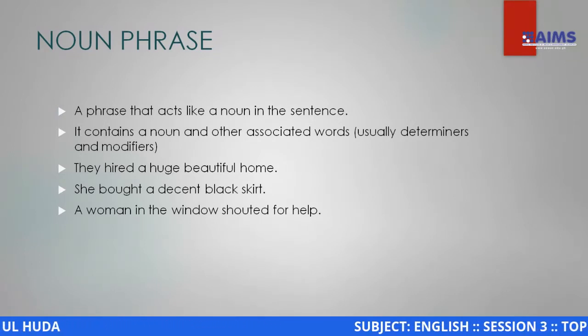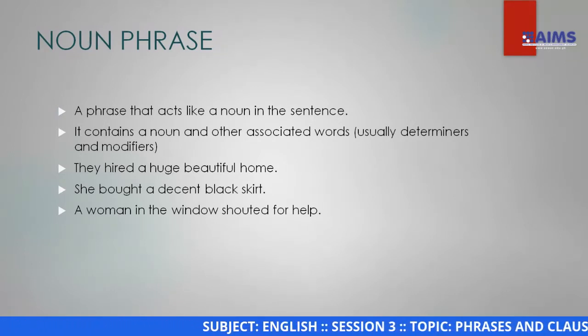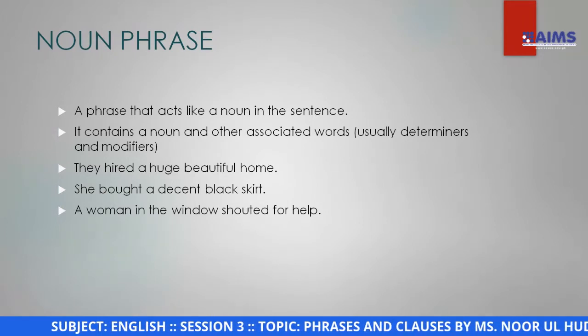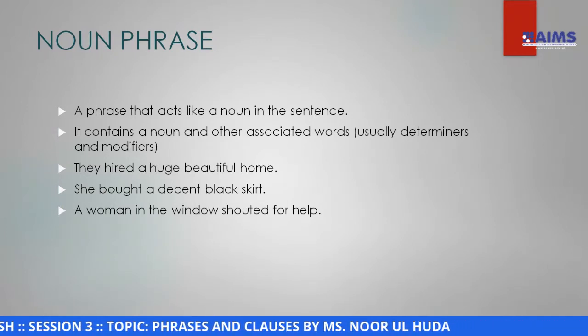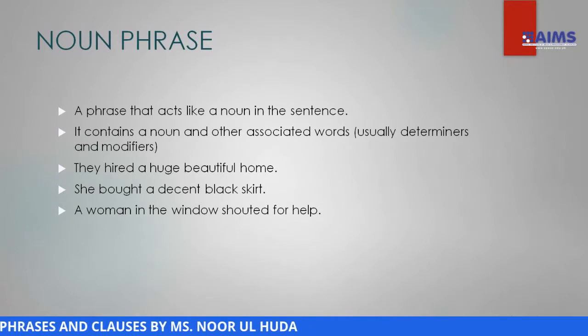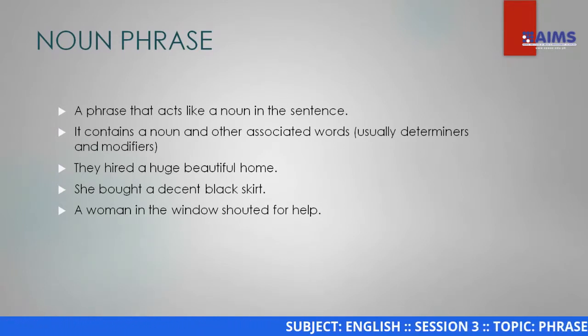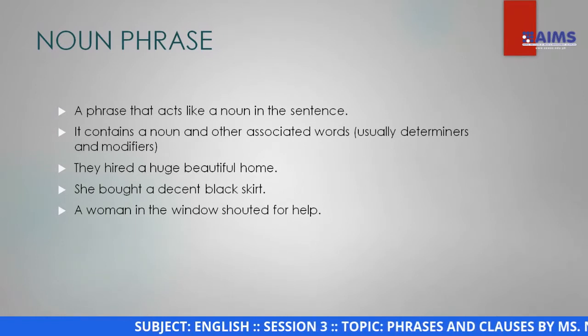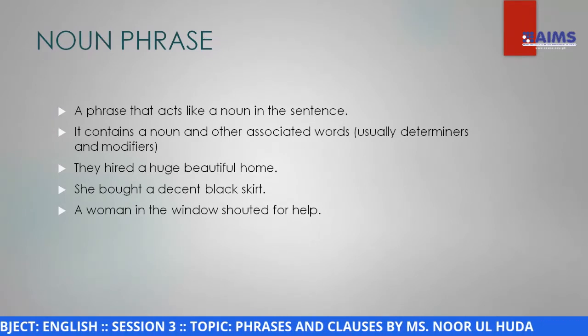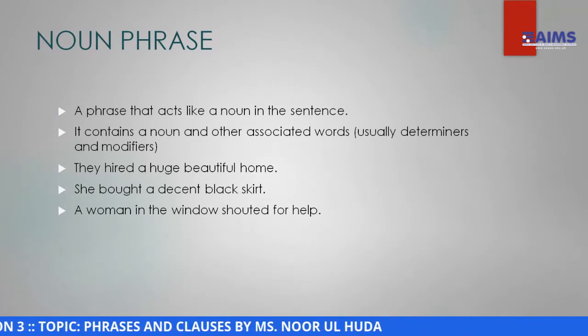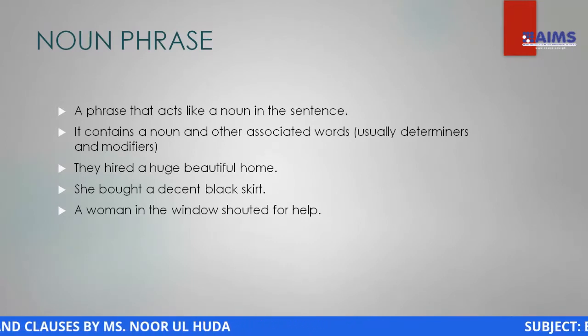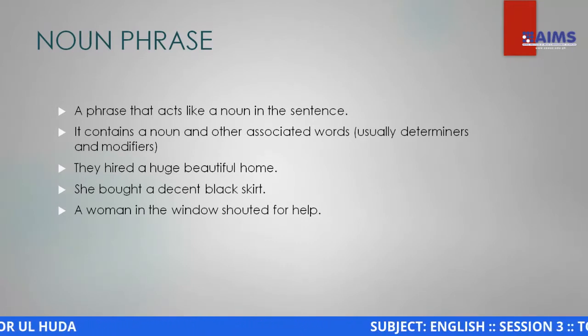However, why do we use phrases? We use phrases to give additional information within a sentence. Let's suppose, a phrase that acts like a noun in the sentence contains a noun and other associated words, usually determiners and modifiers, which modify the noun. Let's suppose there's an example given here: They hired a huge, beautiful home.